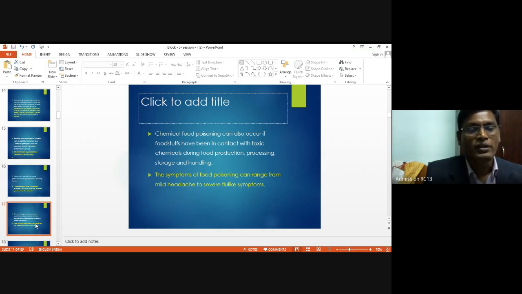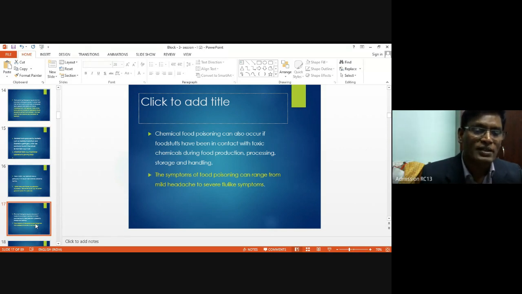Chemical food poisoning can also occur if the foodstuff has been in contact with toxic chemicals during food production, processing, storage and handling. After harvesting, the food is stored, processed and handled. There are many stages before the food reaches the level of consumption. At many levels the food products are exposed to chemicals, because longer preservation of food requires some chemicals, otherwise the food will be affected by pests, or damaged, or lost, or we can't store it for a long time.